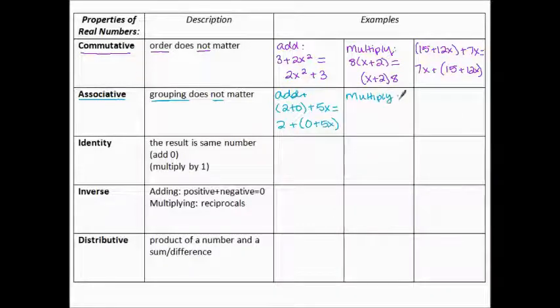Let's look at a multiplication example. We can have 2 times 0 in parentheses times 5x, which is the same as 2 times 0 times 5x in parentheses. These are the same values. Even though the parentheses changed, that's our associative property.